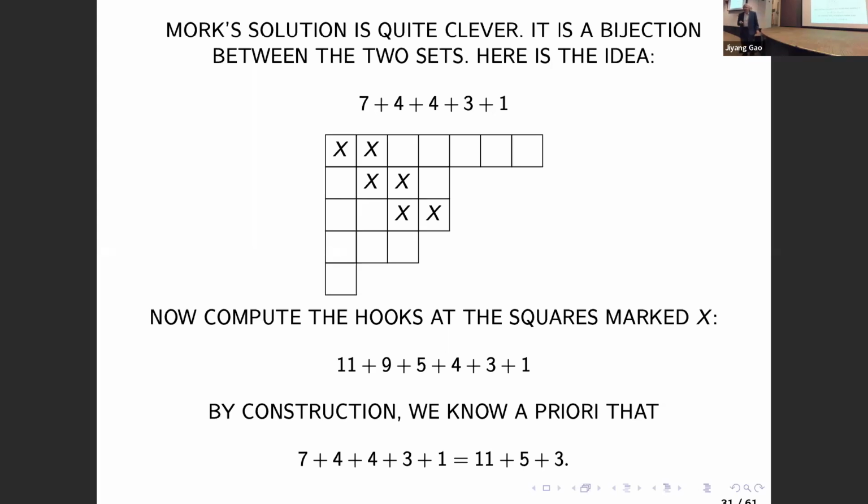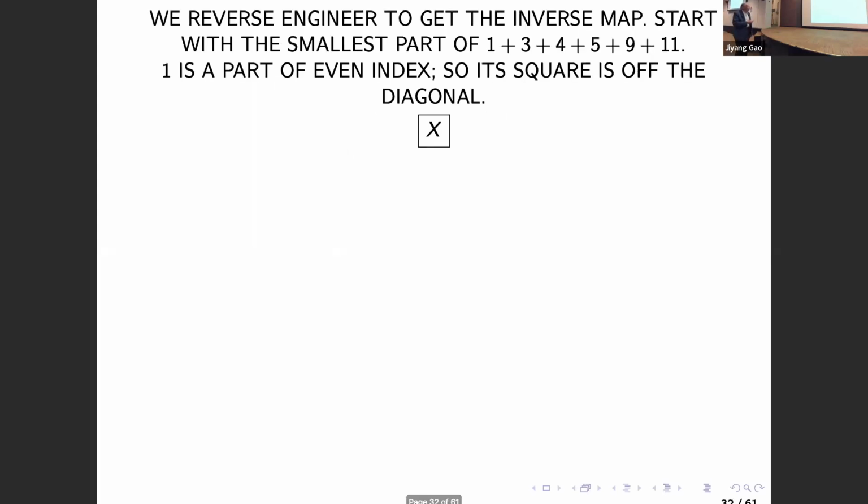It's clear that the content of those hooks consists of everything in the Ferrers graph, so by this construction, the first, third, and fifth entries are going to add up to the same thing as the original partition.